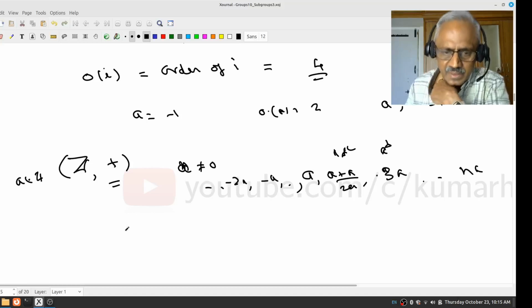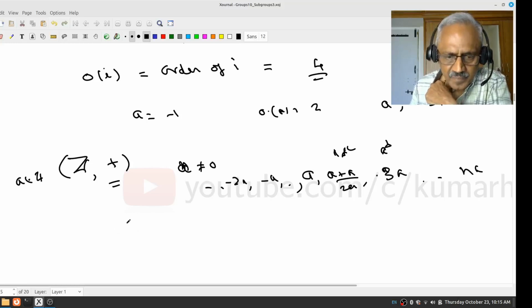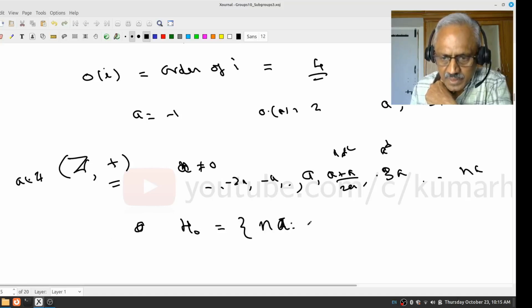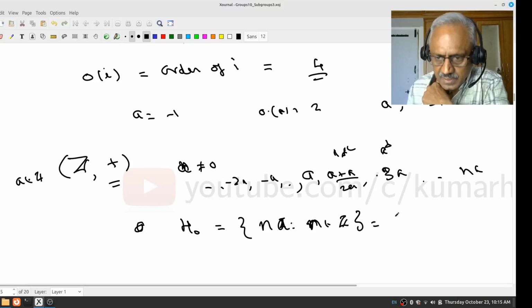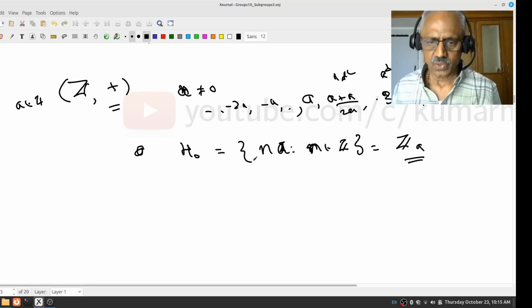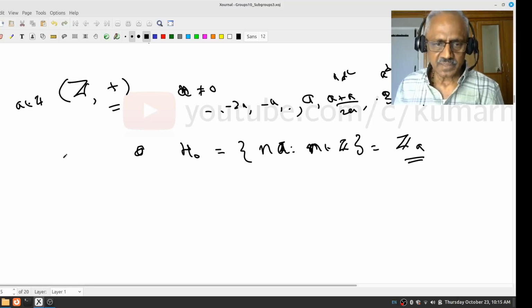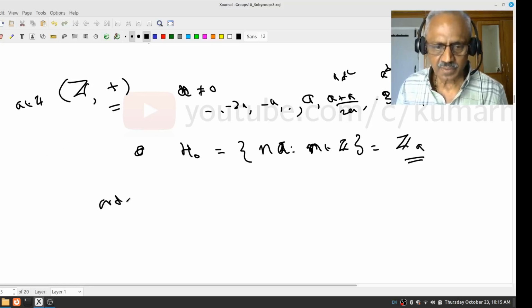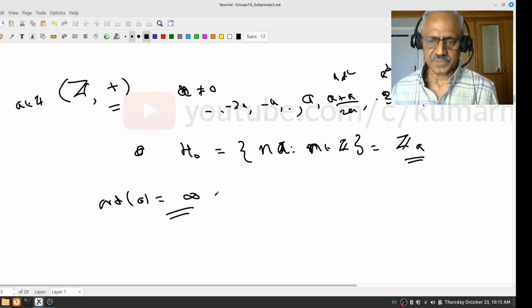That means the smallest subgroup containing a is nothing other than all multiples of a, n times a, where n is an integer. That is what we denote by Za. You understand? So in this case we say the order of a is infinity. This is a convention.